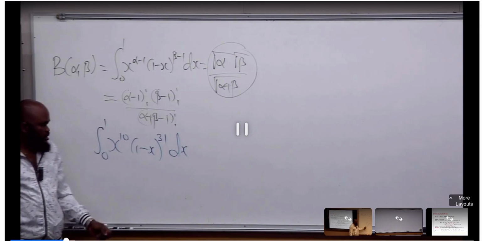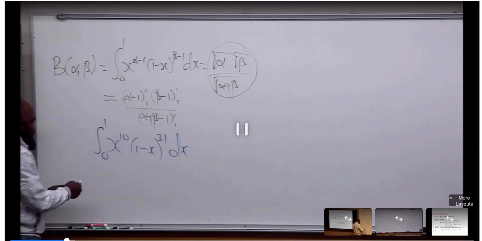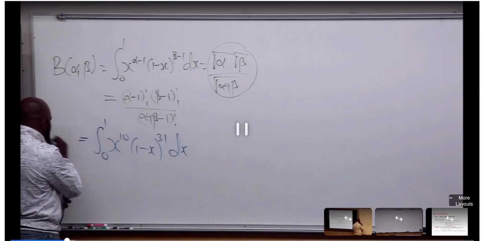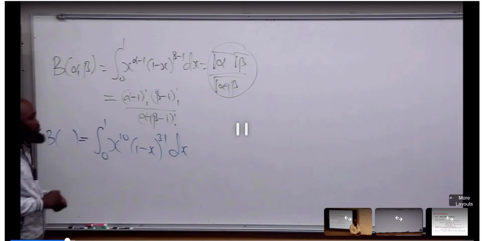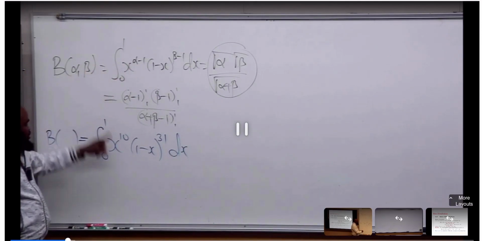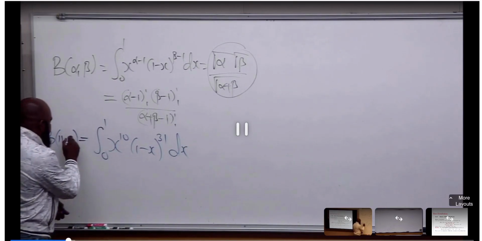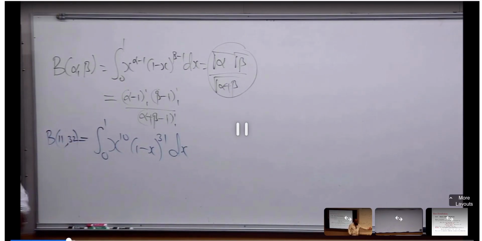But the fact that the range is from 0 to 1 means I can call this B of something. When alpha minus 1 is 10, alpha is 11, comma, 32. Look at that. So this is the same as B of 11, 32.